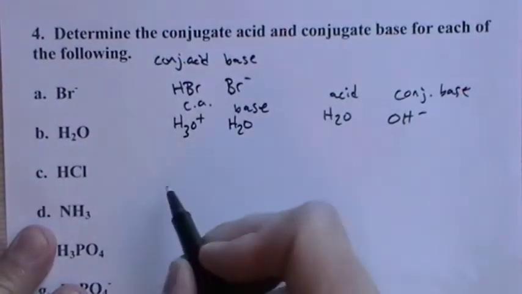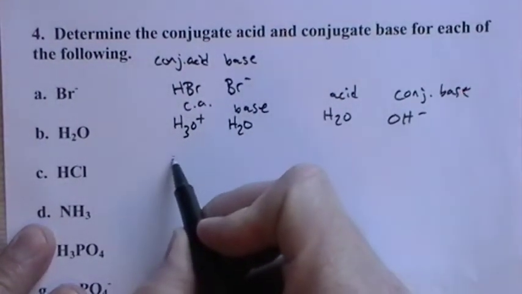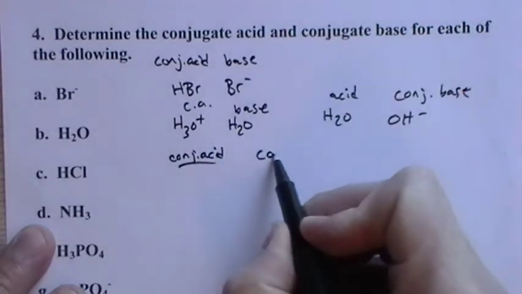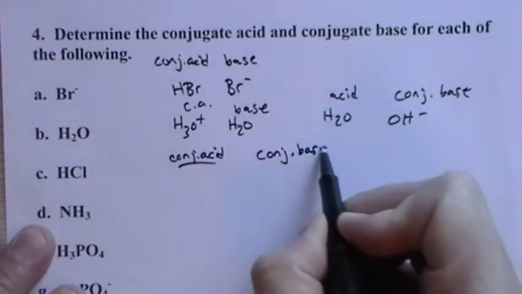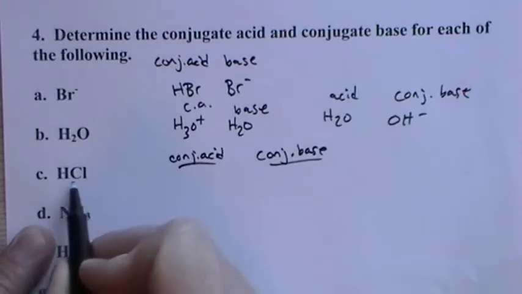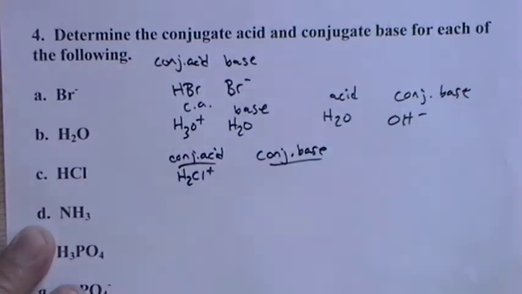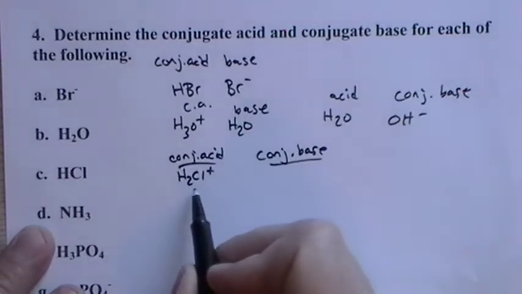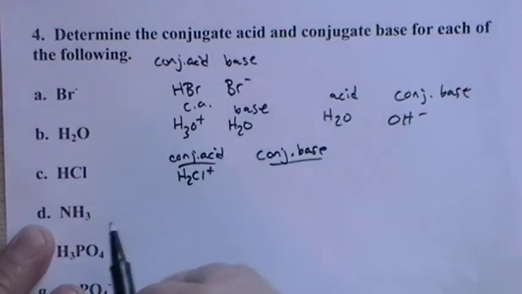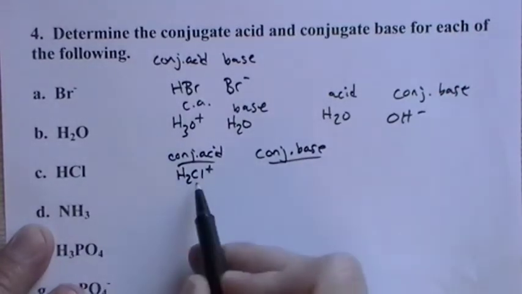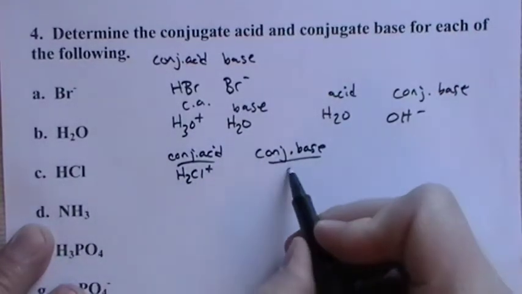For HCl, we consider this the base, and its conjugate acid would be H2Cl plus. Now that would be a very unusual thing, very unstable, but theoretically we can do it. If we want the conjugate acid of HCl, we add an H plus to it. If we want the conjugate base, take it away.